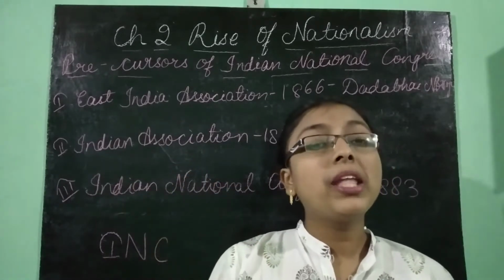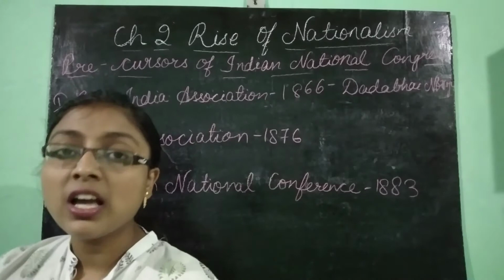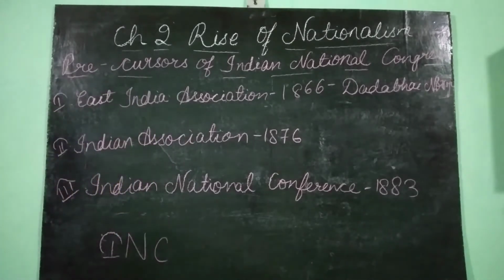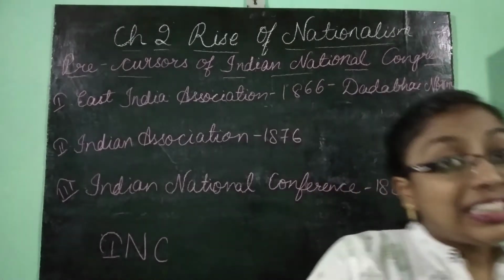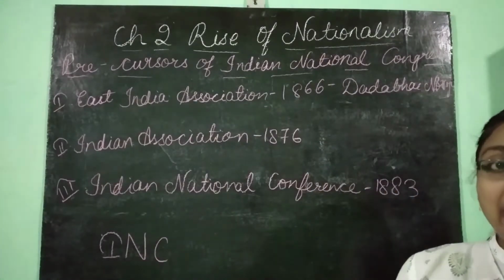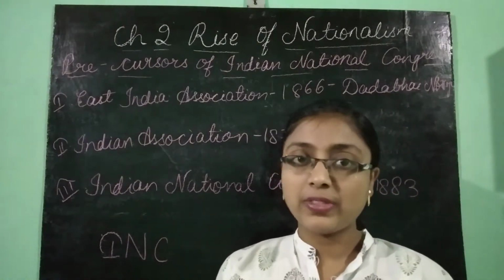So therefore, many political organizations or political bodies were formed. These political bodies or associations had a common cause, that is working for the welfare of Indian society. These associations that were formed acted as the base for the Indian National Congress.